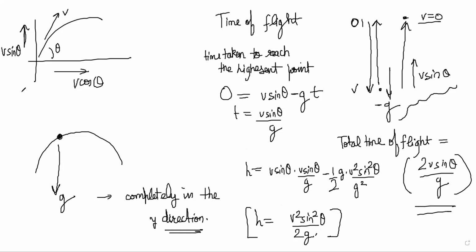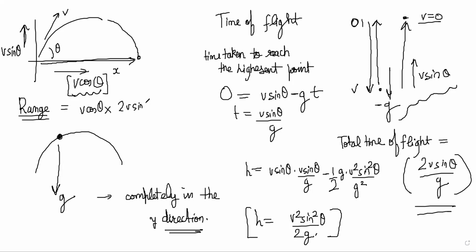Once we have these two things, the range of the projectile can be quickly calculated, because range is the distance in the x direction that the projectile goes before it comes back down. So that will depend on the x motion, and in the x direction there is no acceleration, and therefore there is a constant velocity of v cos theta. So we are calculating x motion separately from the y motion, and we are saying that the range will simply be v cos theta into total time of flight, which is 2v sine theta by g.